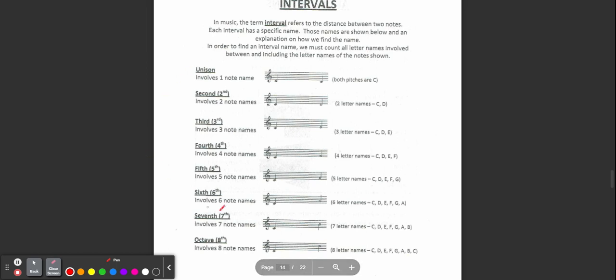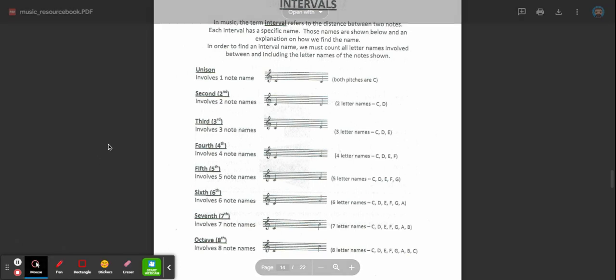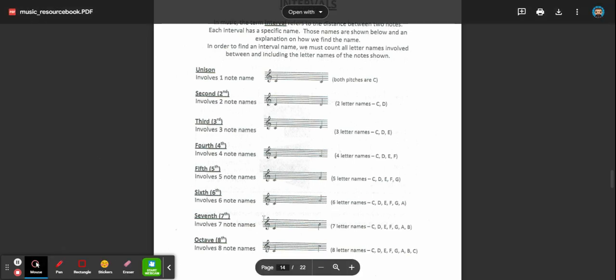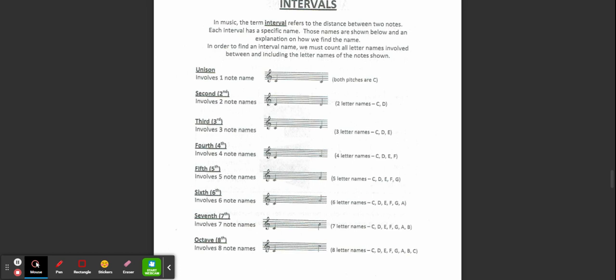I hope that helps you understand. And if you learn more about intervals and you practice and study them and train your ears to hear these, you will get better at reading music and you will start to recognize these intervals when you're playing. You're like, oh yeah, that's just this, as you sing.